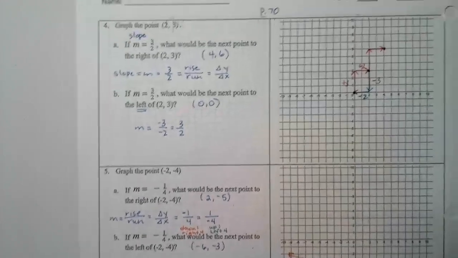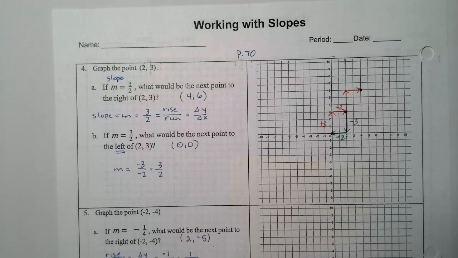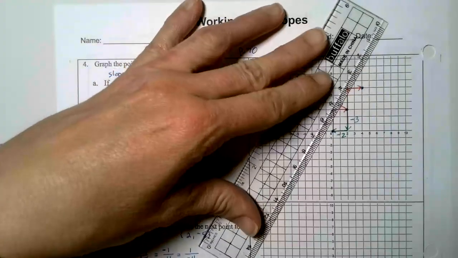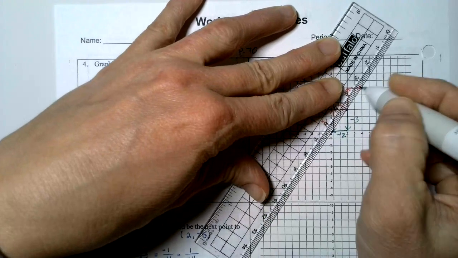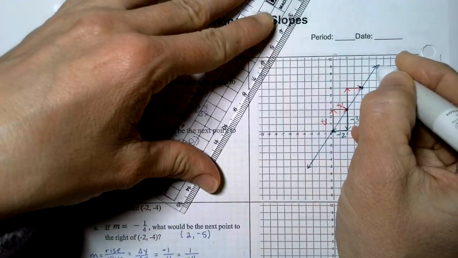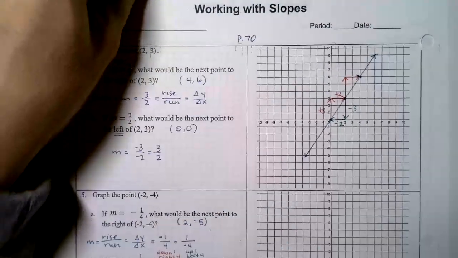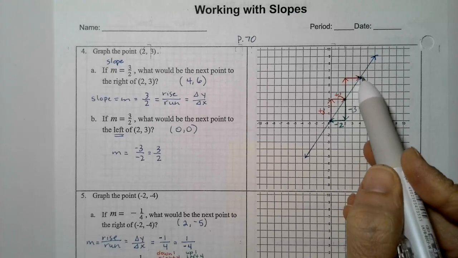Let's take a look at number 4 again really quickly. If I draw this line connecting the dots, you can see that this graph is increasing as you go from left to right.